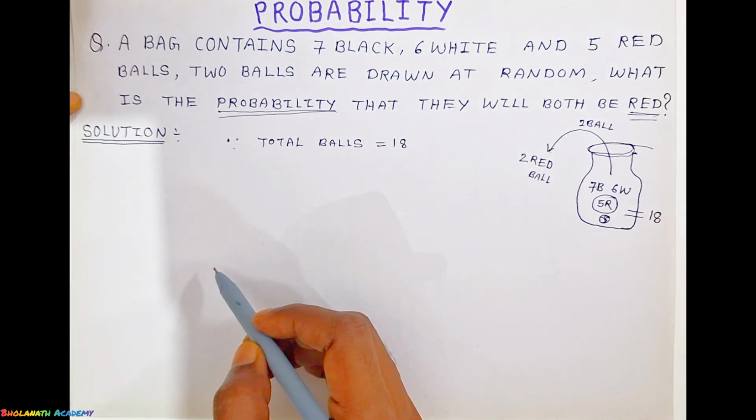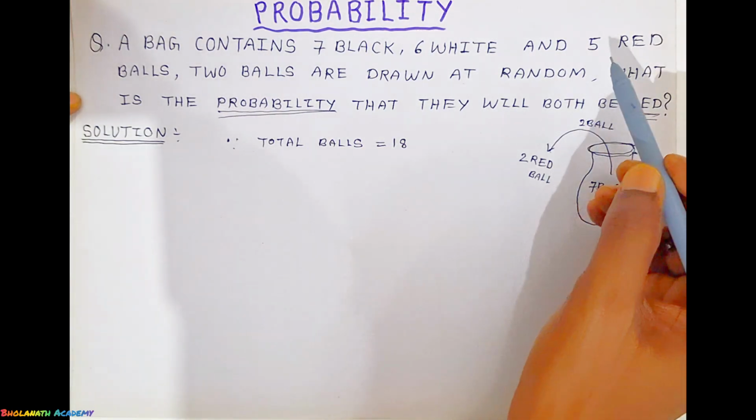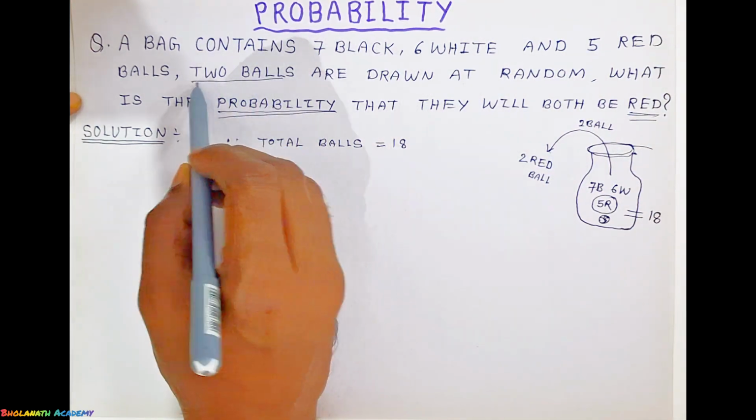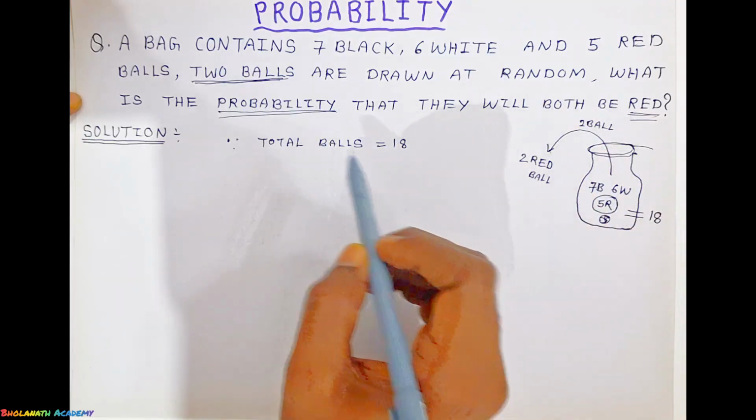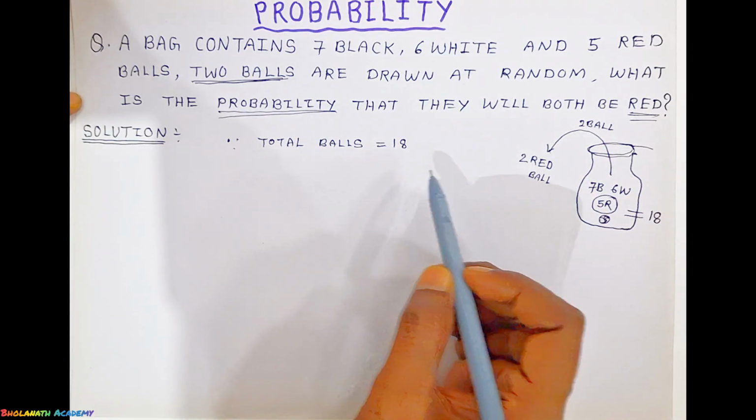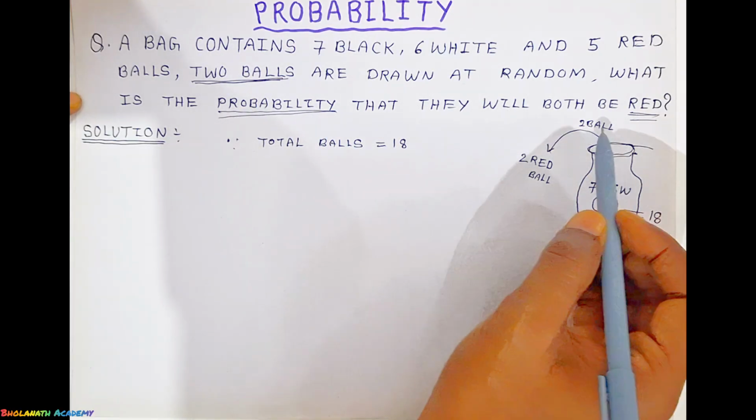Now in the second statement, 2 balls are drawn at random. Out of 18, when you draw 2 balls, how many ways can you draw 2 balls from 18?